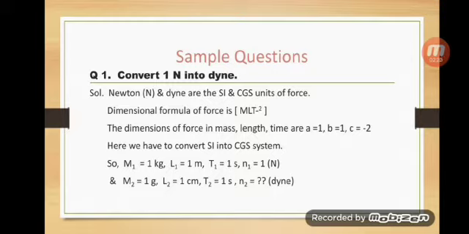Then M1 equal to 1 kg, L1 equal to 1 meter and T1 equal to 1 second, because M1, L1 and T1 are the dimensions in the first system of unit, that is in the SI system. The units are kg, meter and second. Therefore we can write M1 equal to 1 kg, L1 equal to 1 meter, T1 equal to 1 second and N1 equal to 1 as it is given in the question, 1 Newton.